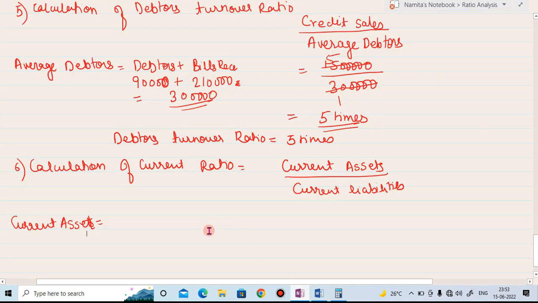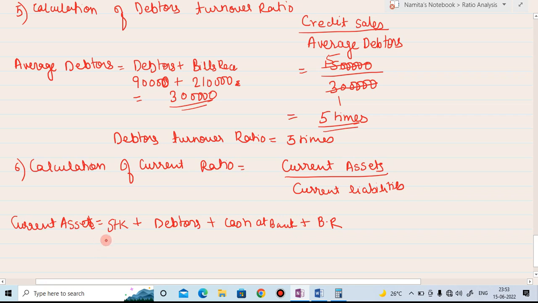Okay, so current assets equals stock plus debtors plus cash at bank plus bills receivable.